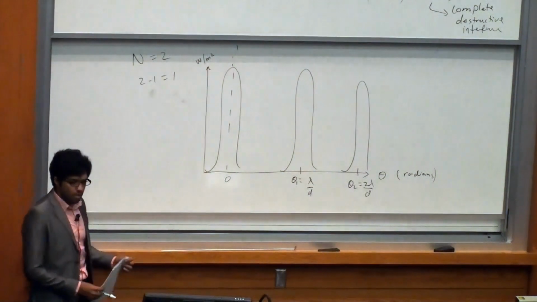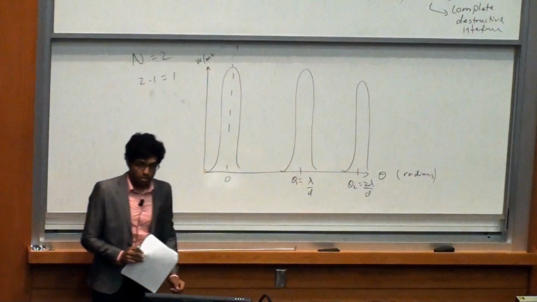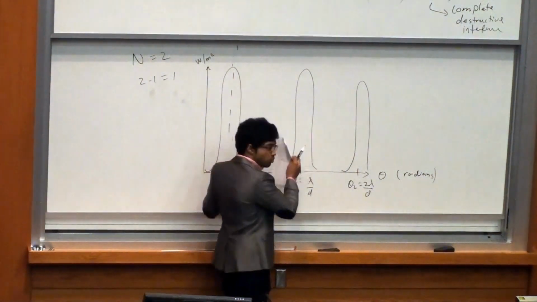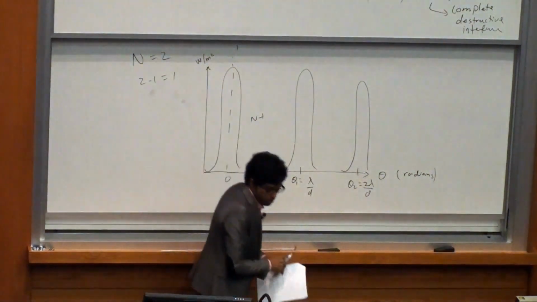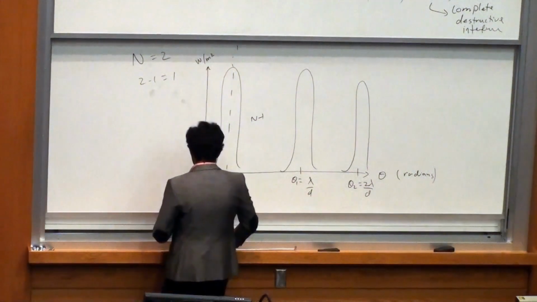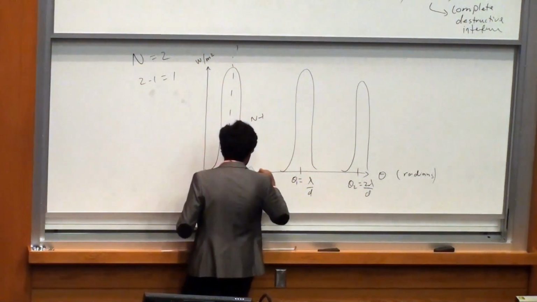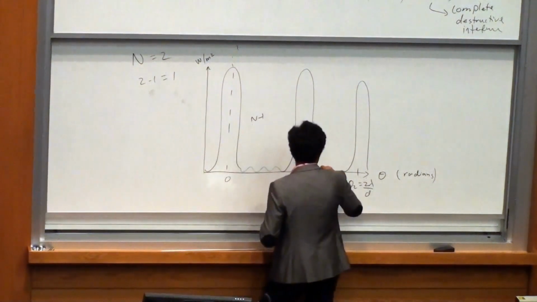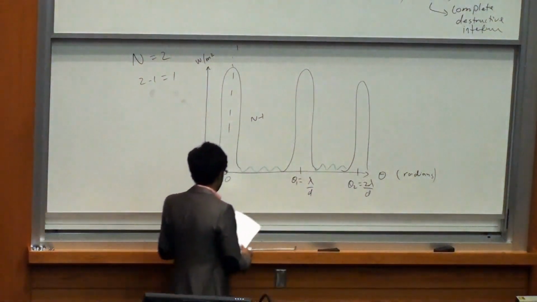Now, the number of minimums here between these two is not simply 1 like it was before. So the number of minimas between these two light sources is going to be n minus 1. And to better demonstrate that, the minimas I'll get are going to be something like this. Those are my minimas there, and they go on.